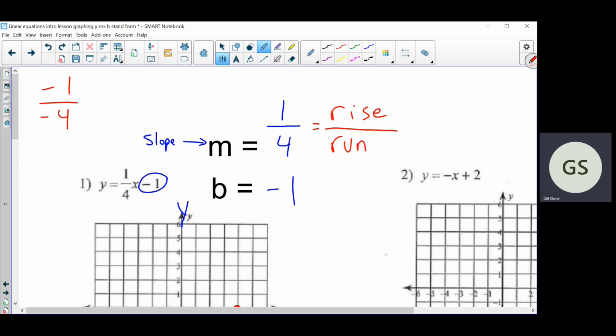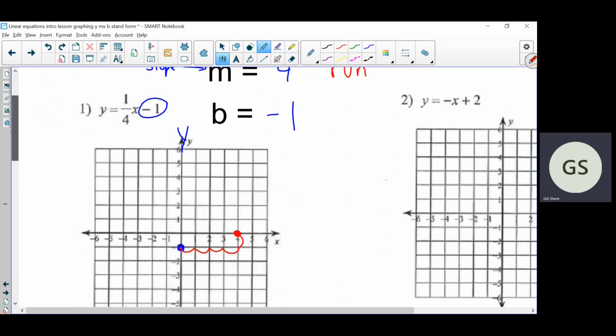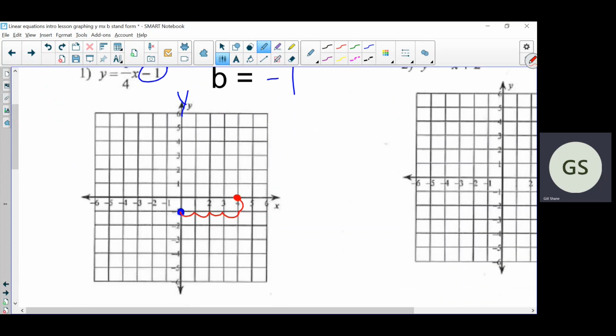But now instead of going right and up, I go left and down, which on some of these will keep you on the graph. So now I could say, okay, if my slope is -1 over -4, that means my run is -4, and again, if you look at step 4, it tells you negative means go left, and a negative rise means go down. So that lets you go in the opposite directions, and now you would stay on the graph for those other ones.